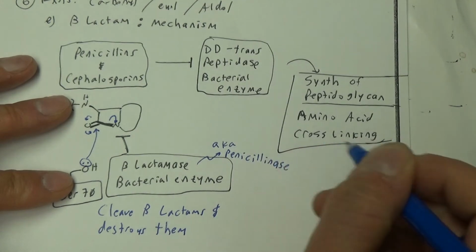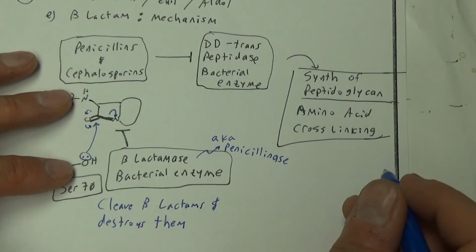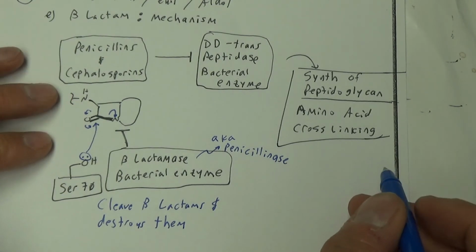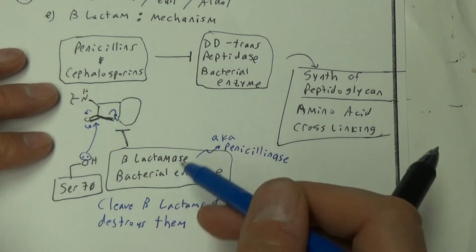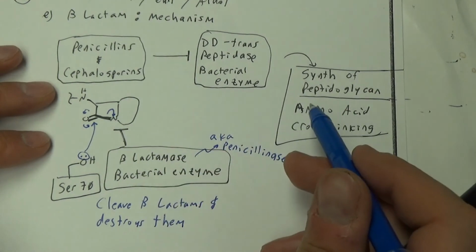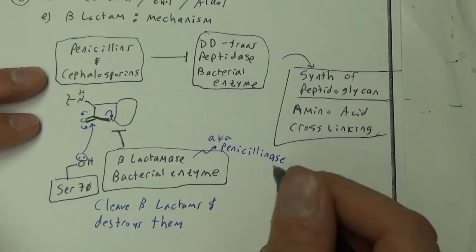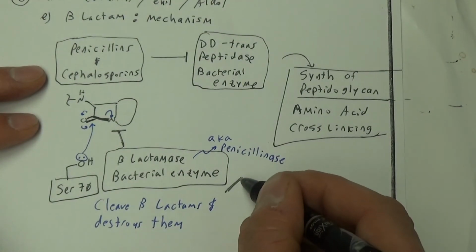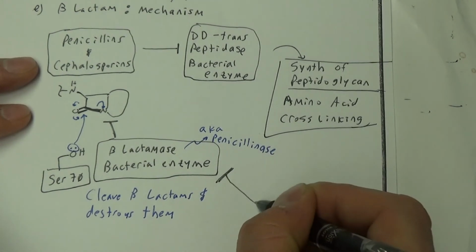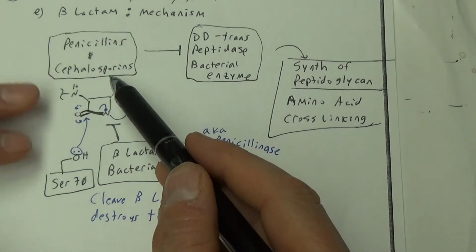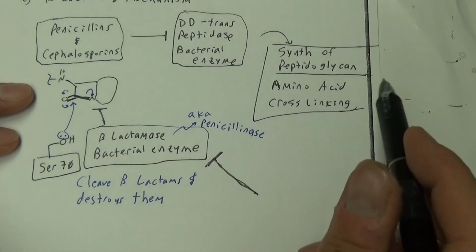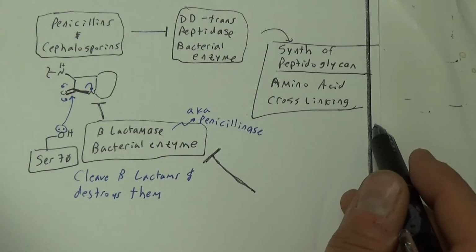Penicillinase. Okay. So, what can we do to stop the bacteria from destroying our drug? Well, we can throw in a beta-lactamase inhibitor. So we can throw in a different drug, a second drug, in addition to our penicillin and cephalosporin, and we can block this enzyme through a cool mechanism.